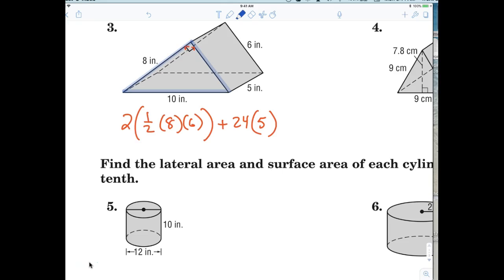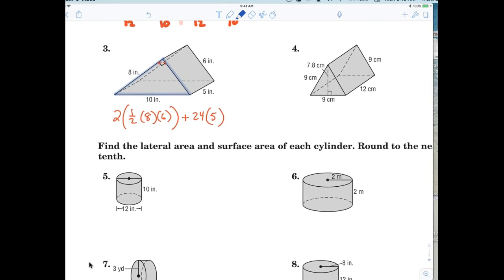You see what I'm saying? So for a prism, the bases are always the same. Now, you can have a tilted prism, and it would be considered an oblique, but we're not going to deal with that right now. So, again, the final surface area for number 3 is what?